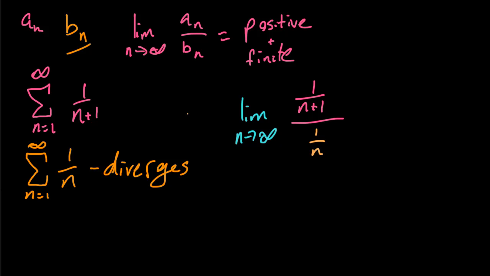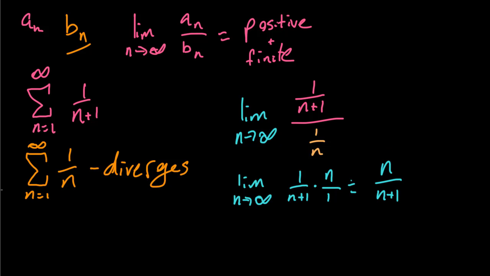Now, instead of dividing by fractions, we can simplify this, and we can say the limit as n approaches infinity of 1 over n plus 1 times n over 1. So this is going to be n over n plus 1.